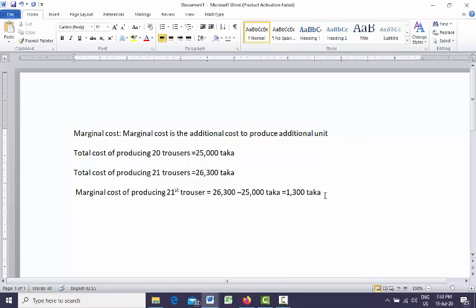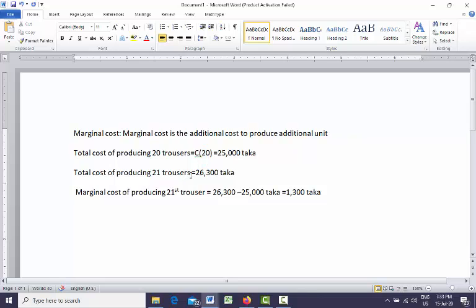Now how should you write it in a formula, if you write a formula of marginal cost? If the total cost function is denoted by C, then C of 20 is the total cost of producing 20 units.